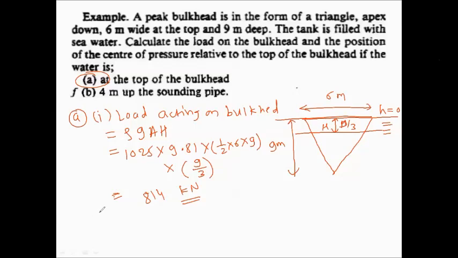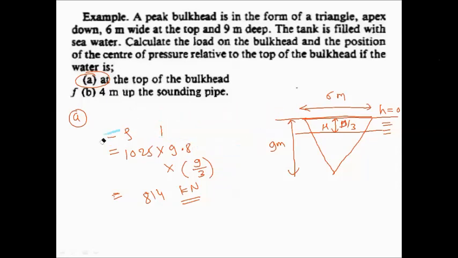The second point is you have to find out the center of pressure location. So I will not suggest to mug up the formula of the center of pressure. I will suggest you to do the calculation of the center of pressure. What is the formula?